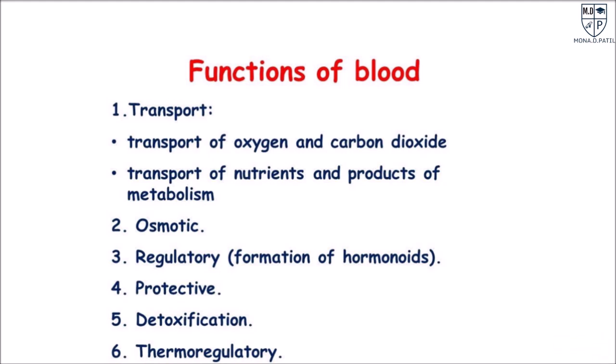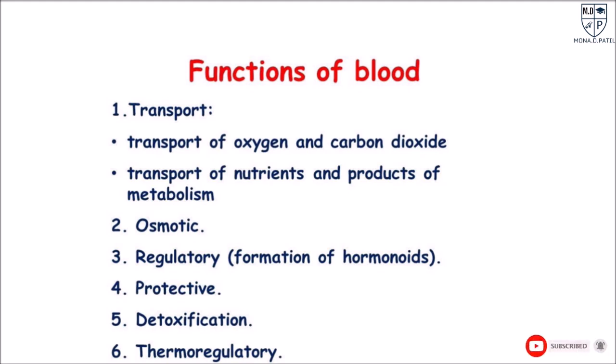In the same way, the transport of waste material, means nitrogenous waste like ammonia, urea, creatinine, are released by tissues into blood, which carries those to the kidney for excretion. Then transport of enzymes and hormones. Blood transports the enzymes and hormones from the site of their production to the site of their action.